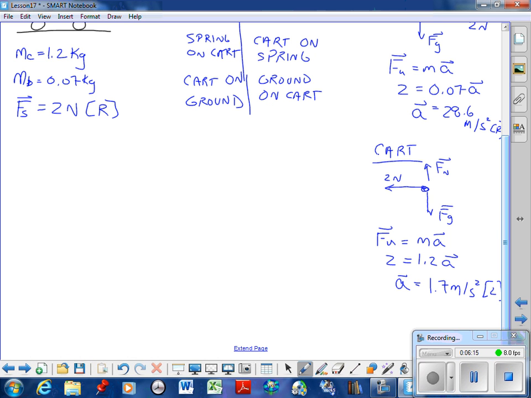Okay, so action-reaction, if you think back to, for maybe the history buffs here, the large cannons that they used in World War II, they had to put blocks in by the cannon wheel because the cannon, when it fired, would rock back.